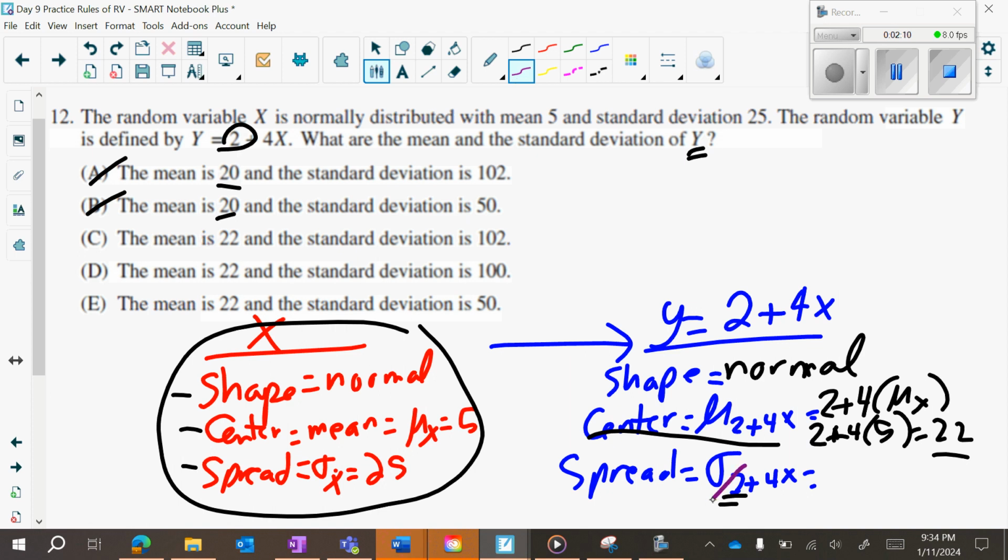So the 2 will not impact the spread, only the 4 will. So all you have to do is multiply the 4 times the old standard deviation, and that'll be your new standard deviation. So 4 times 25 is 100. So your final answer should be choice D. If you've got choice D, good job. Give yourself a pat on the back.